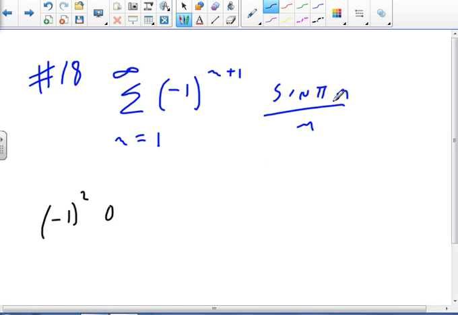If sine pi n is always 0, then this is just equal to 0. That looks like I'm adding up zeros. Is that what I'm doing? Yeah, that's what I'm doing. So if I'm only adding up zeros, it would appear that this converges in a very trivial way, and it does so absolutely.